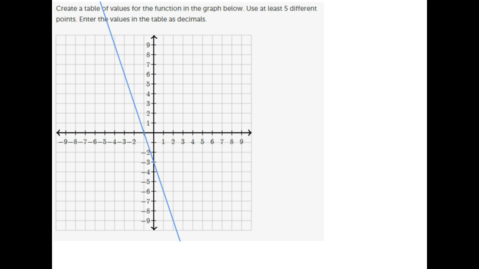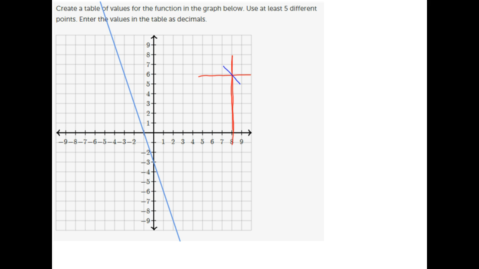Here it says create a table of values for the function in the graph. Use at least 5 different points. All you have to do here is first of all understand that these lines are like roads or streets, okay? And there's an intersection. My blue line needs to cross this intersection perfectly, okay?